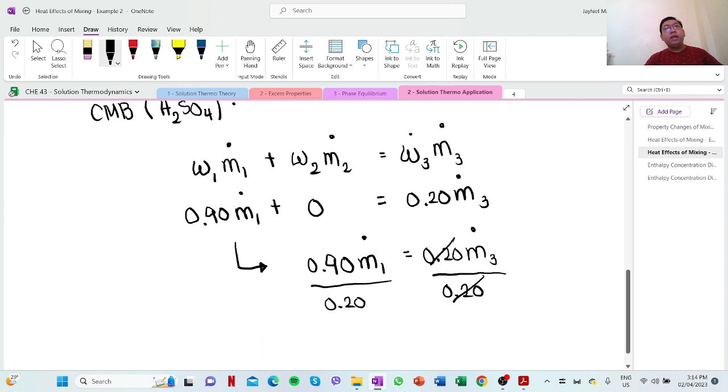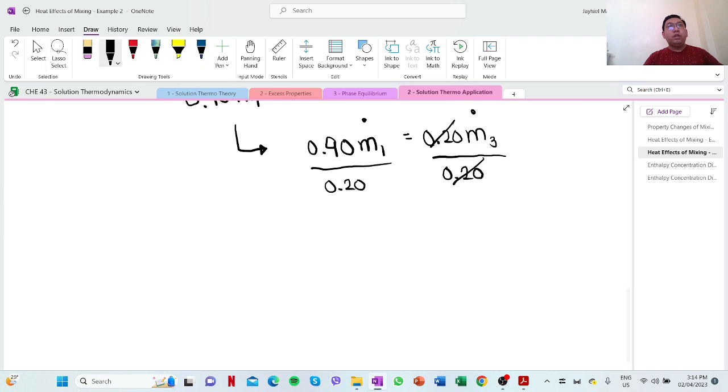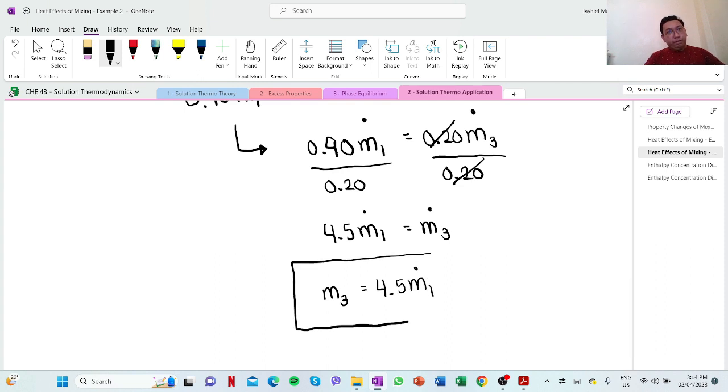I divide both sides by 0.20. So 0.90 divided by 0.20, and I have 4.5 M1 dot is equal to M3. Or essentially, M3 is equal to 4.5 M1 dot.